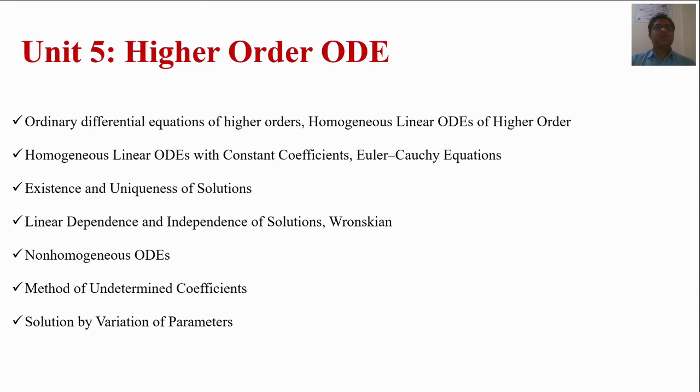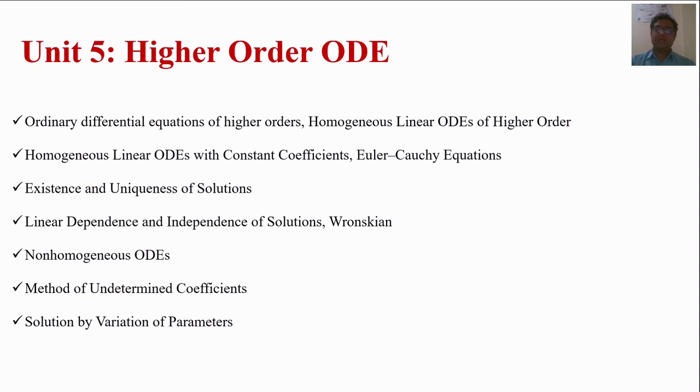We will discuss homogeneous linear ordinary differential equations of higher order, with constant coefficients, Euler-Cauchy equations, existence and uniqueness of solutions, linear dependence and independence of solutions, Wronskian, non-homogeneous ordinary differential equations, method of undetermined coefficients, and solution by variation of parameters.